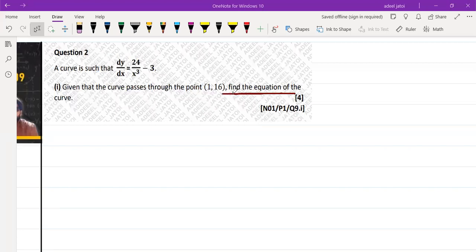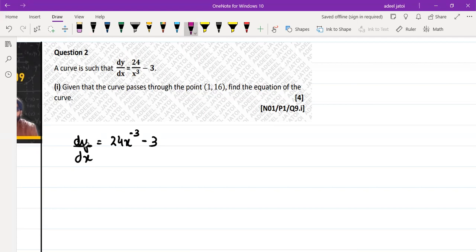So the question says find the equation of the curve. Let's write down dy/dx. This would be 24x to the power negative 3 minus 3. I have still not integrated this.